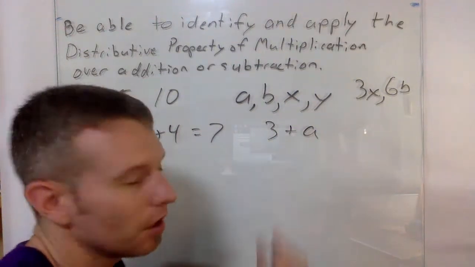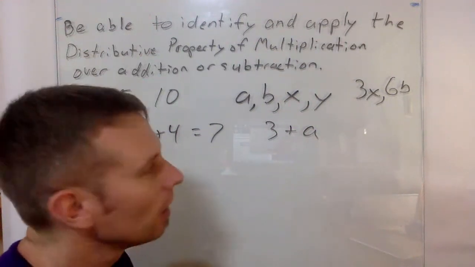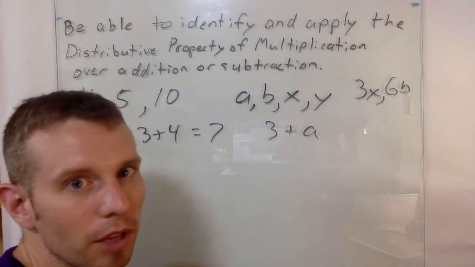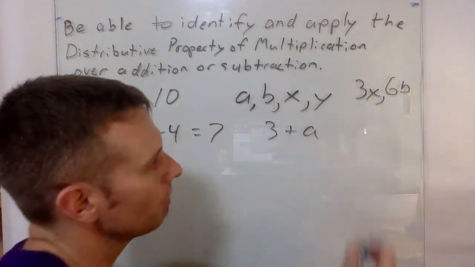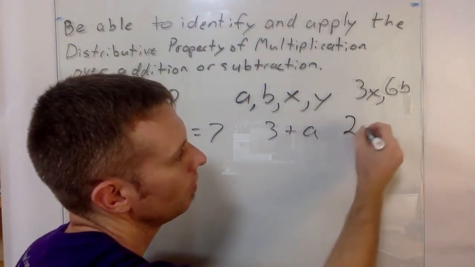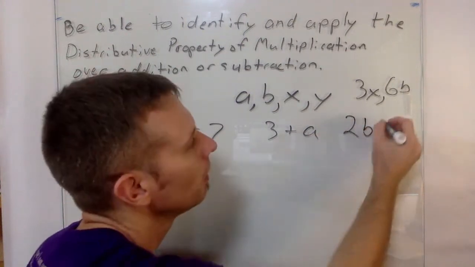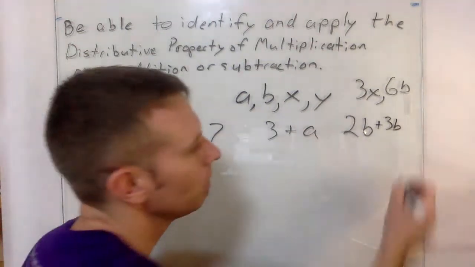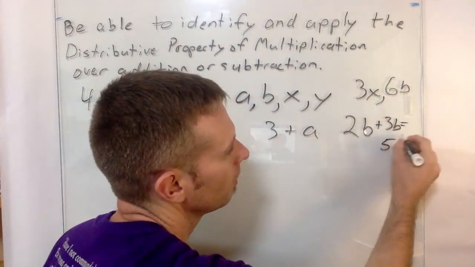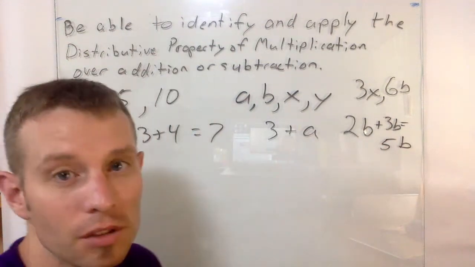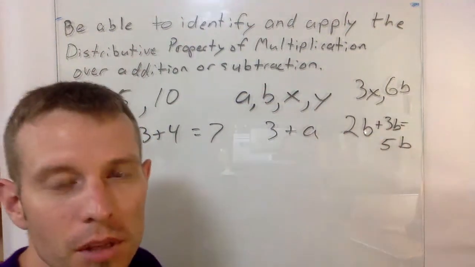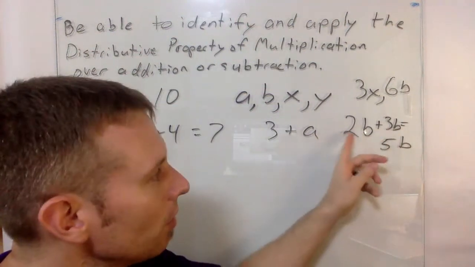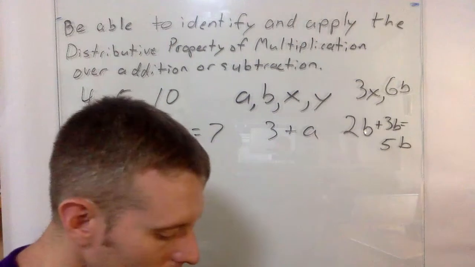These are not like terms, and so we cannot do that. By way of one more example, if we have 2b plus 3b, well, we can do that and get 5b. That's okay because these are like terms. They both have the same variable to the same power and so on.